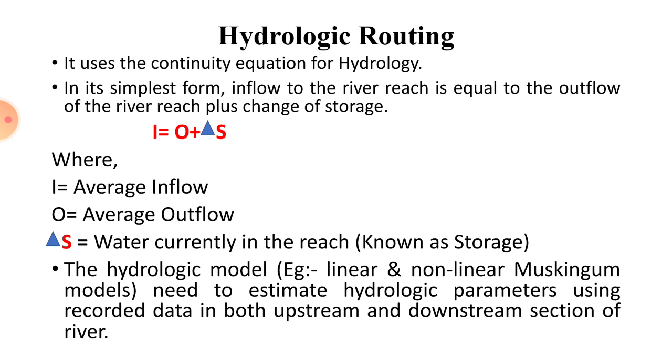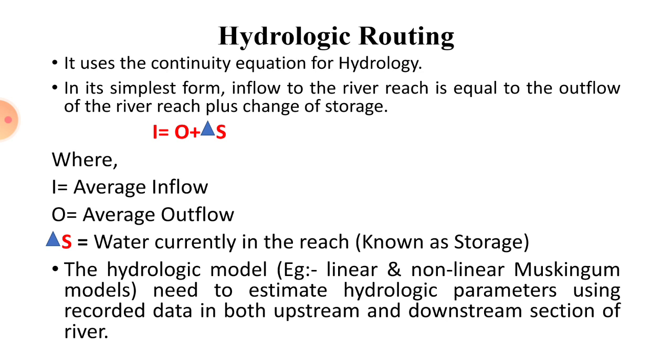Then the second one is hydrologic routing. It mainly uses the continuity equation for hydrology. In this routing, the simplest form is that the inflow of the river is equal to the sum of the outflow and the change in storage.